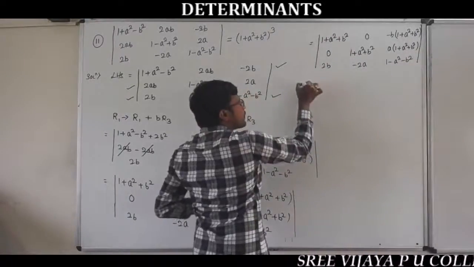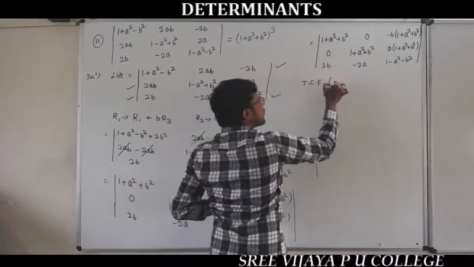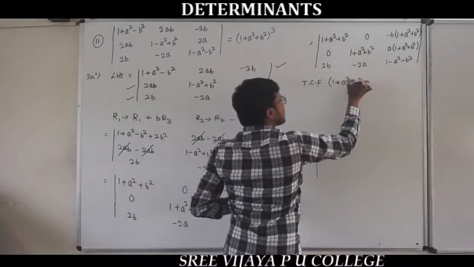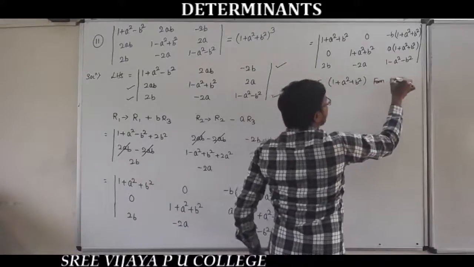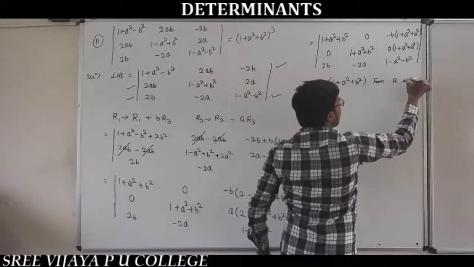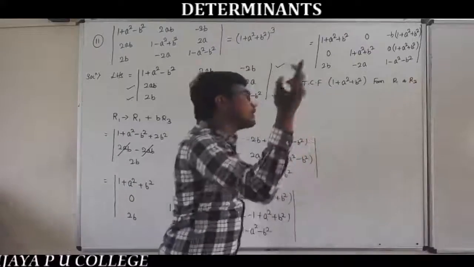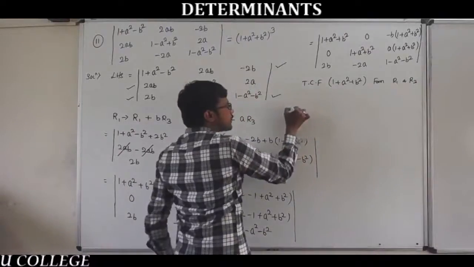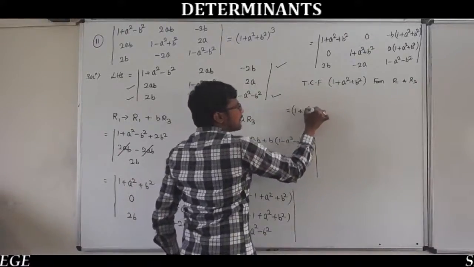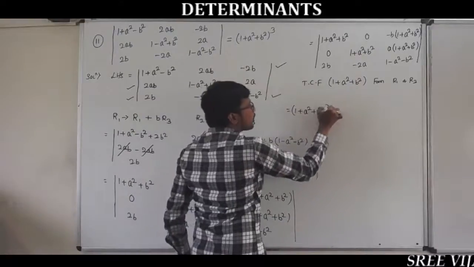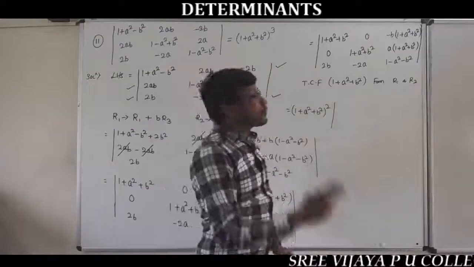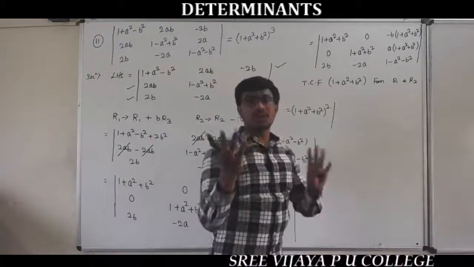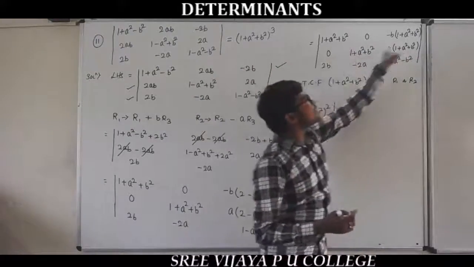So taking common factor 1 plus a square plus b square from r1 and r2, so whole square comes, because we have taken 1 plus a square plus b square common from two rows, first row and second row.